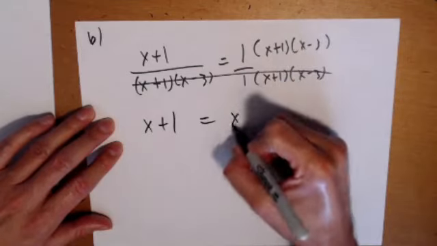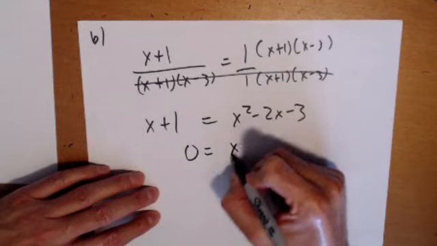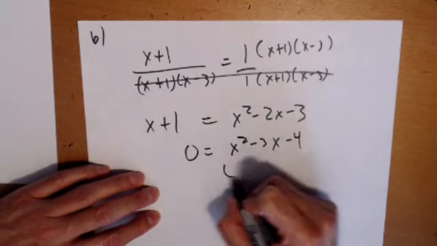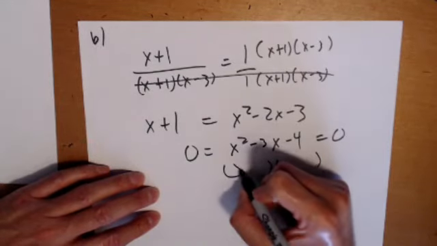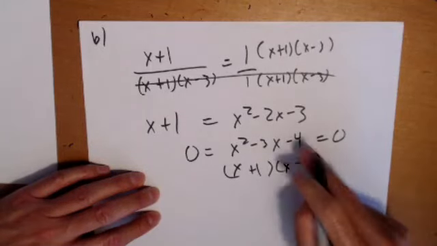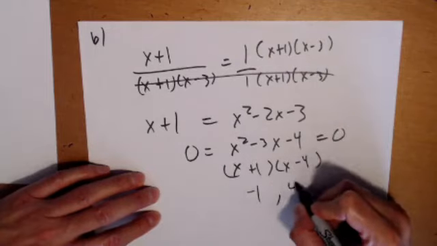We already did that. That's x squared minus 2x minus 3. Set it equal to 0: x squared minus x minus 4. Factor it: x minus 4, x plus 1. Multiply, add, boom. We get an answer of negative 1 and positive 4.